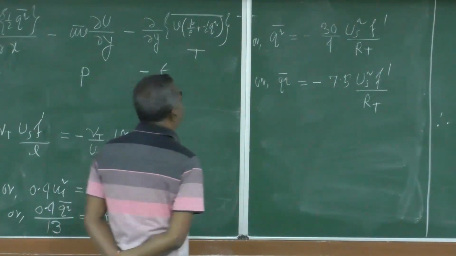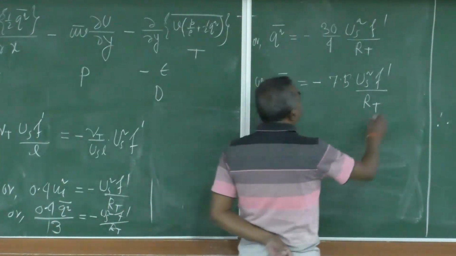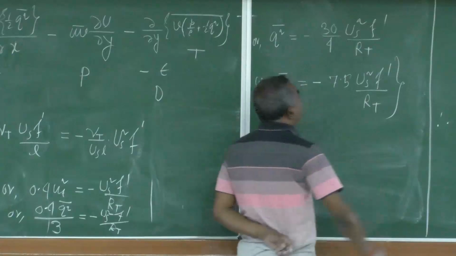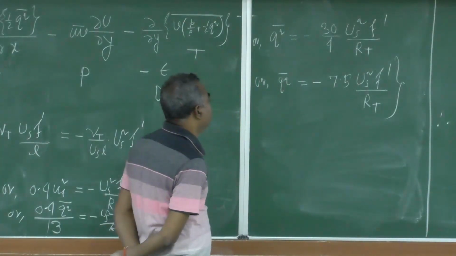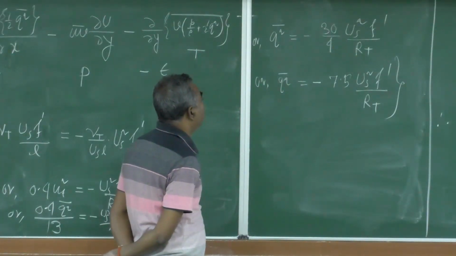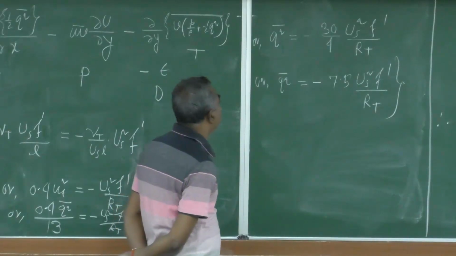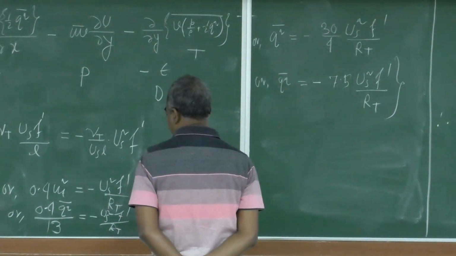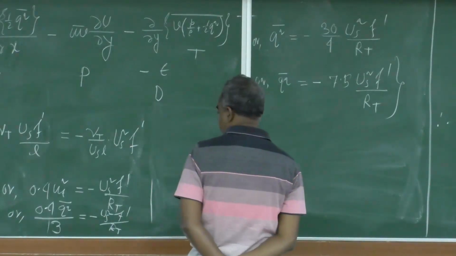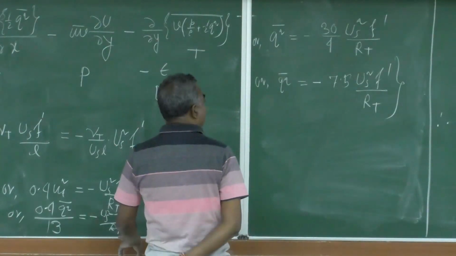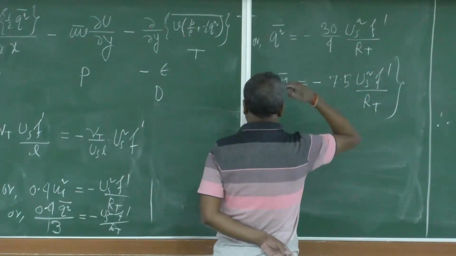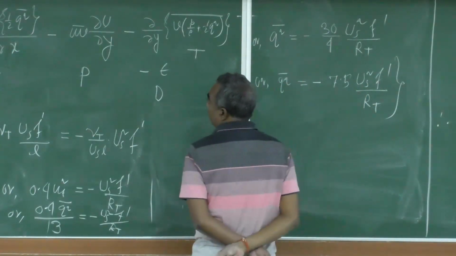So, you see, if we now see the variation of this quantity at a particular position, which you can do, because F prime can be replaced from our solution.